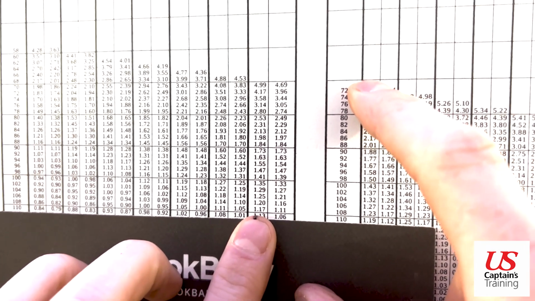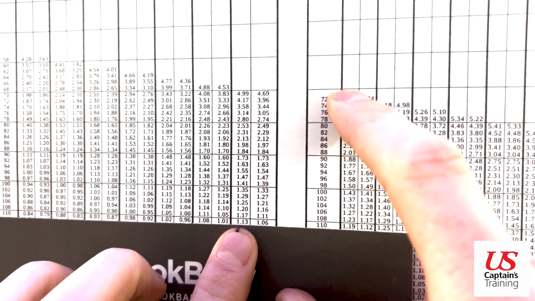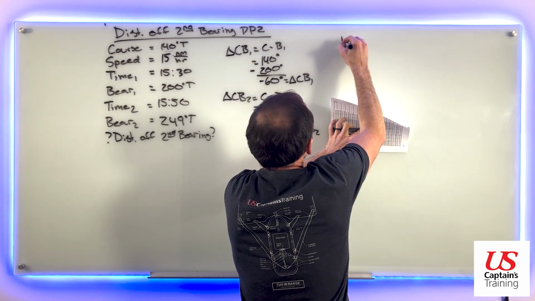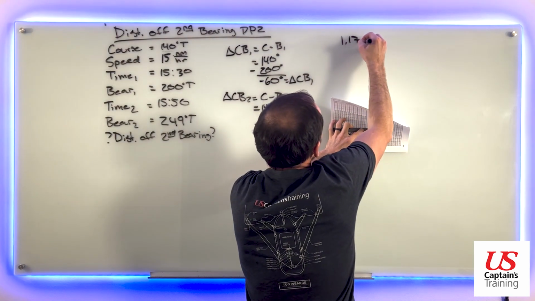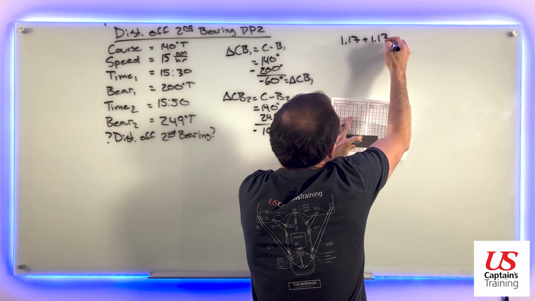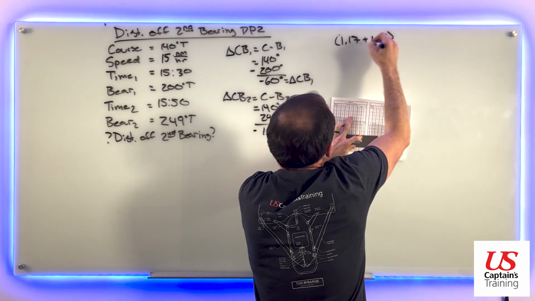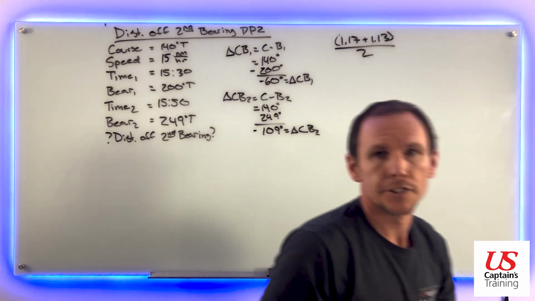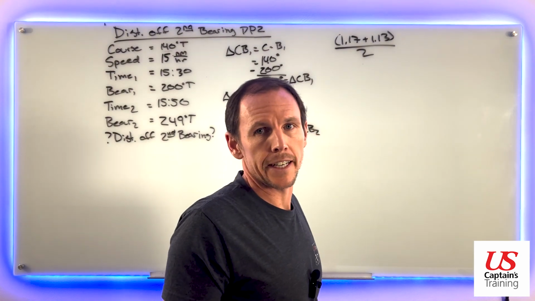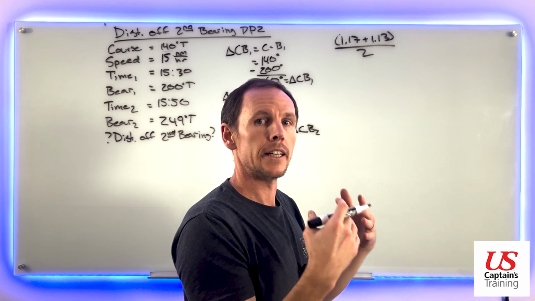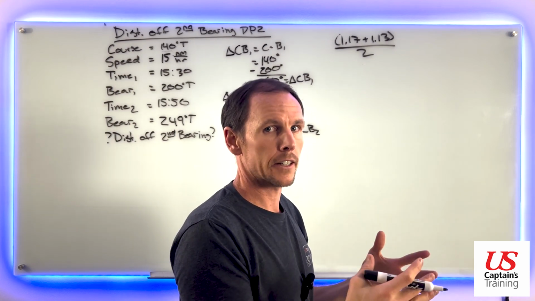So 1.17, 1.13. Let's write these down. 1.17 plus 1.13. We add these together and divide them by 2. They call it interpolation. We're just finding an average. We're inserting a piece of information into this table that's not currently there.